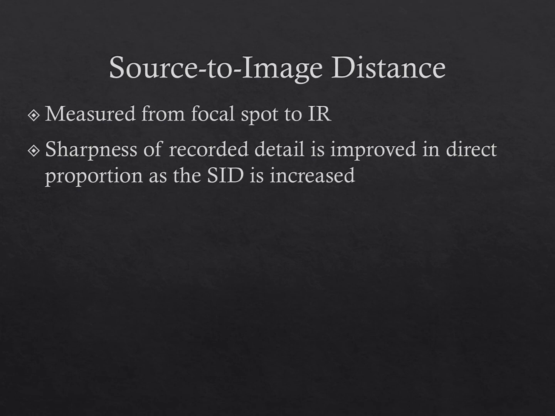The PA chest X-ray puts my heart closer to my image receptor. With the patient in a PA position, I am able to reduce the distance from the heart to my image receptor, so the object to image receptor distance. I do that by doing a PA chest X-ray.